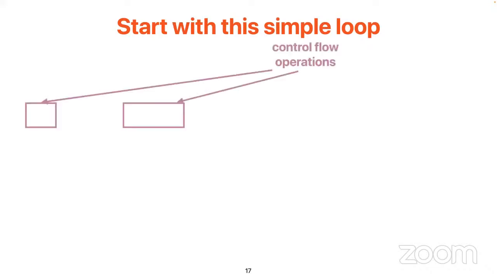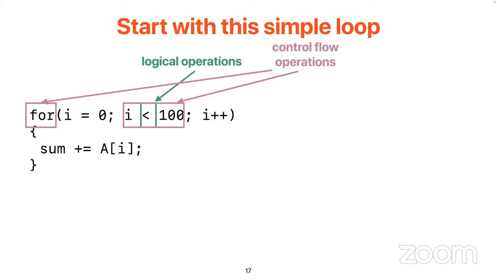So if you think about this, this is the program that we are going to run. For example, a for loop, right? To get this for loop up and running, a few things you have to do. First of all, you need to have control flow operations so that I can enter this for loop, and then I can see whether I want to stay in the loop or go out.